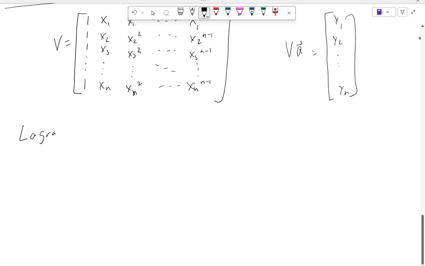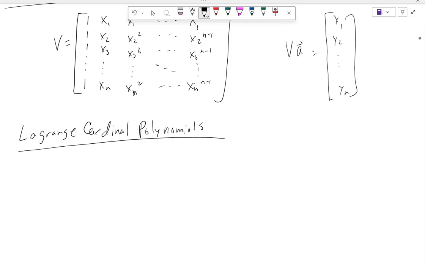So remember we talked about those Lagrange cardinal polynomials. If you've got x1, y1, x2, y2, out to xn, yn, those are the points that you're trying to interpolate with a polynomial.